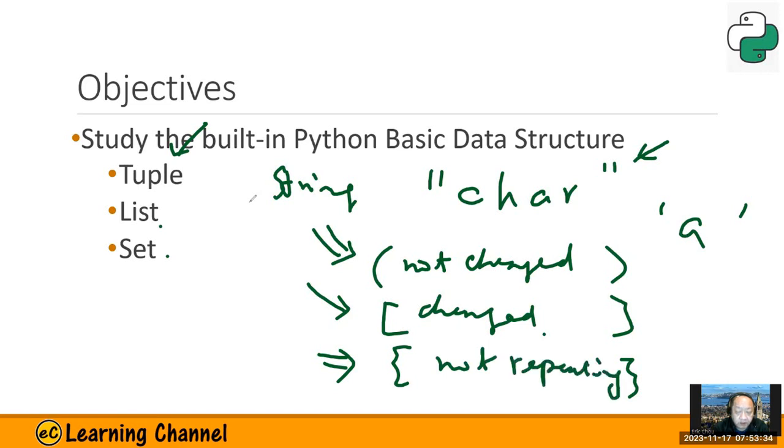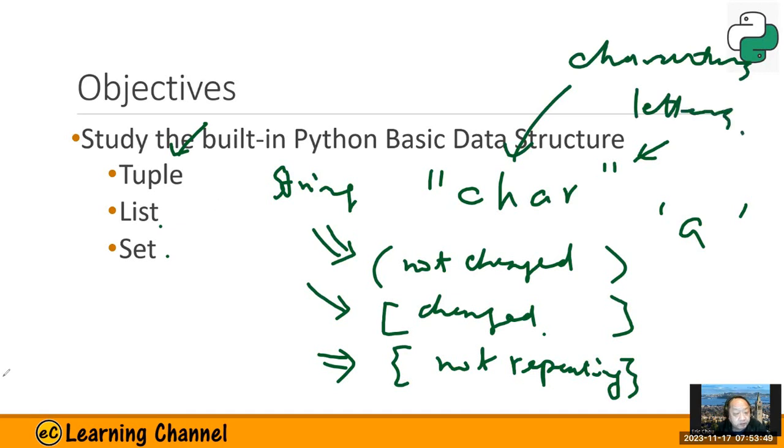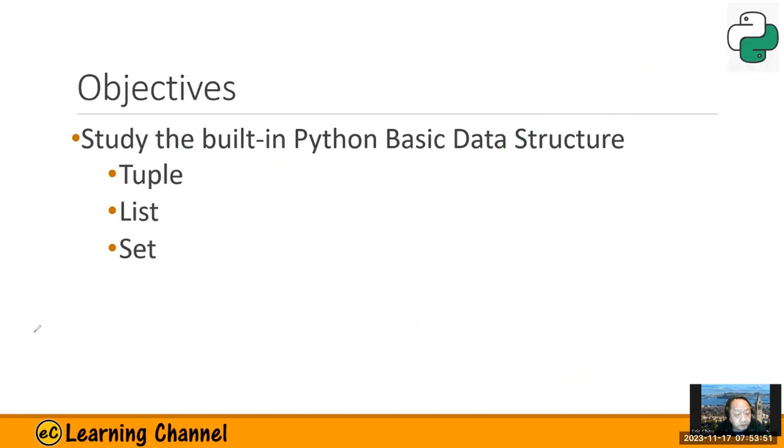These are the difference of these 3 data types, and string is only for the characters or letters or text message. So in this chapter, we will cover the remaining 3 data structure: tuple, list, and set.